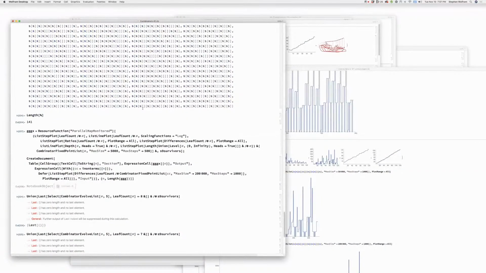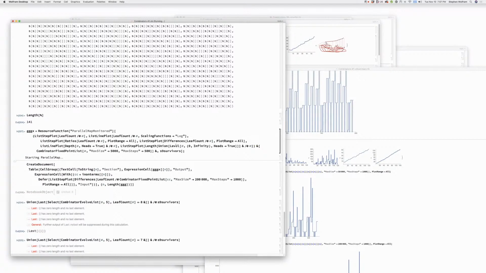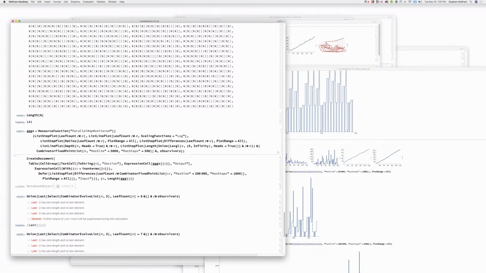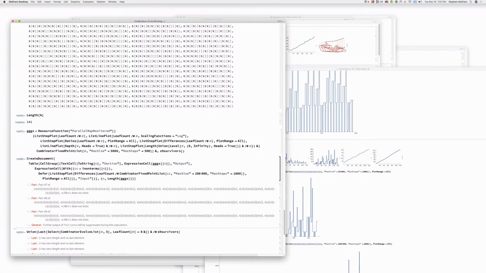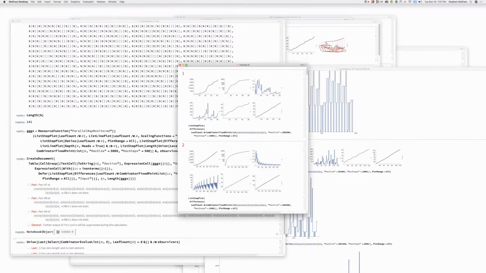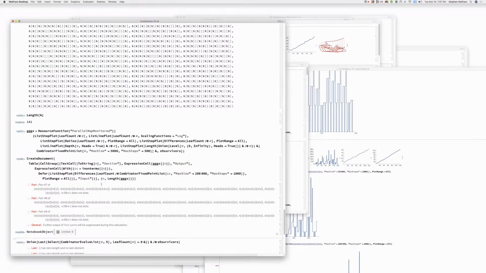Okay, S9 survivors. How long is S9 survivors? Okay. And then here, oh, look, length of GGGX. Ah, I see. Why is it saying part 47 of that does not exist?